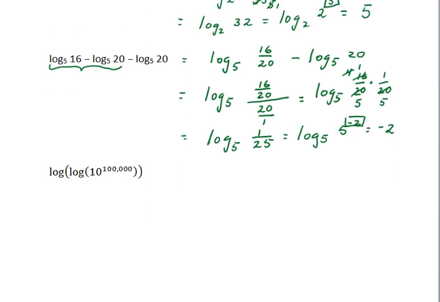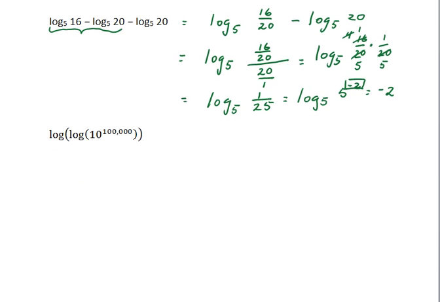And the last expression in the set, the log of 10 to the 100,000th power. So this time I can replace the log of 10 to the 100,000 with 100,000 because it is the exponent on a 10.